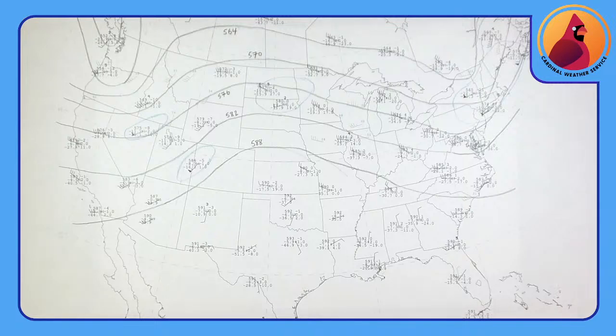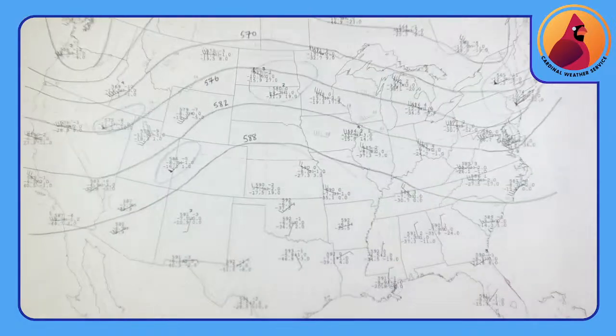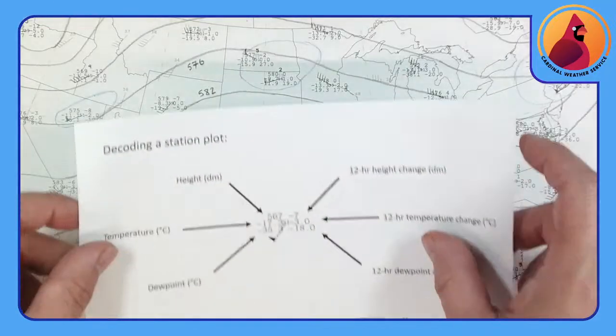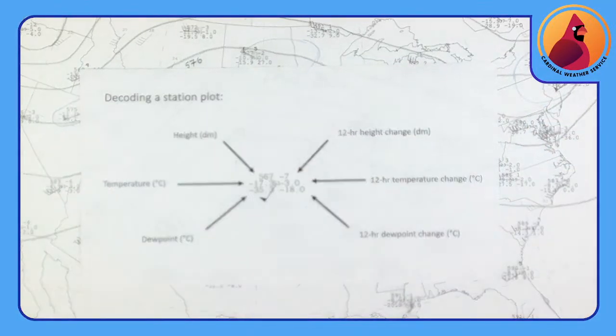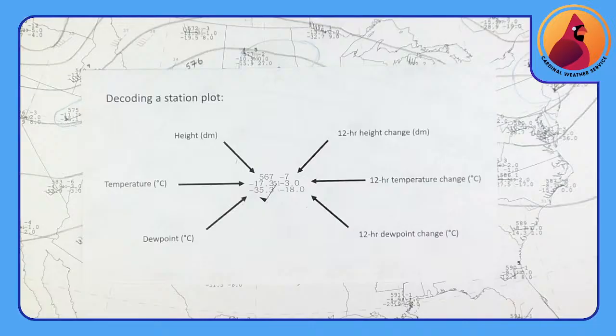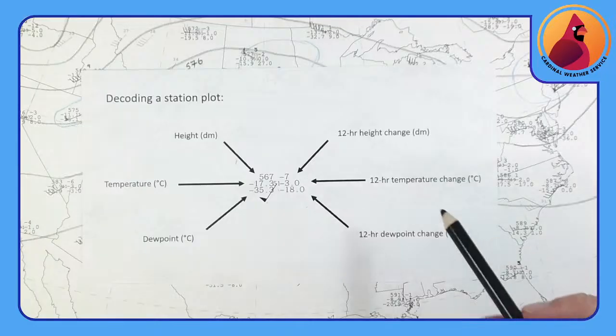So the last thing we're going to look for, and I'll get the sheet here, is to take a look for height rises and then height falls. And so we're looking for height rises of 3 decameters or higher, and we'll contour every 3.